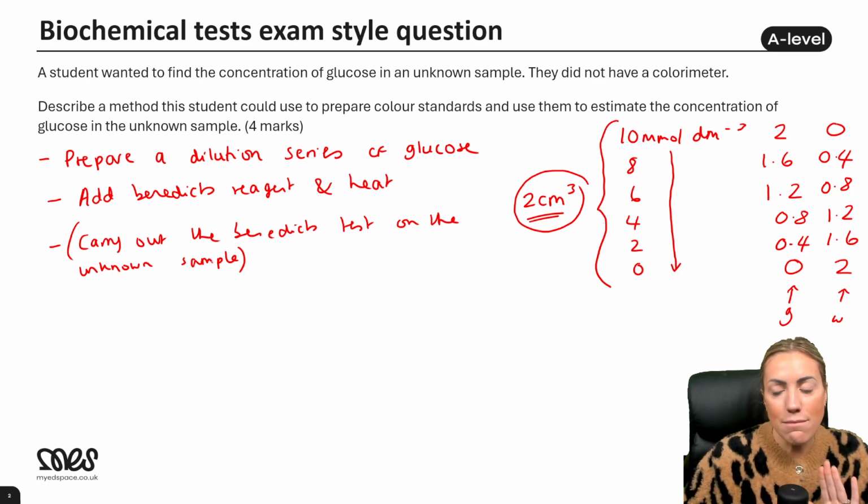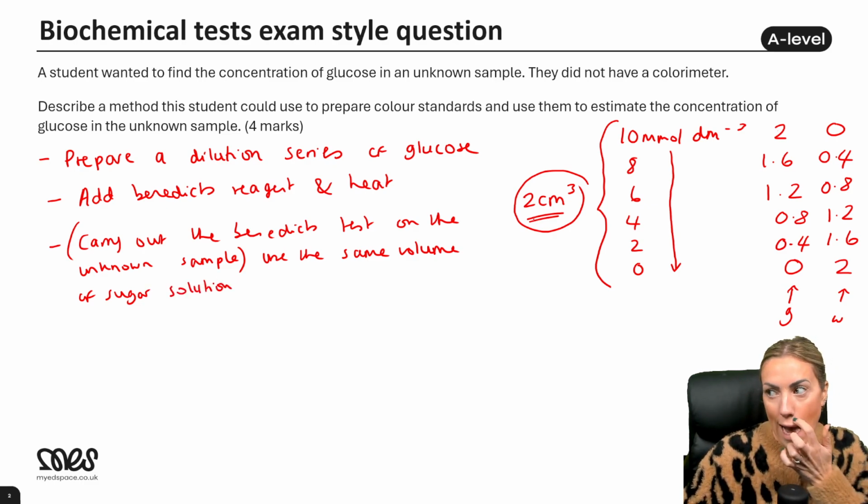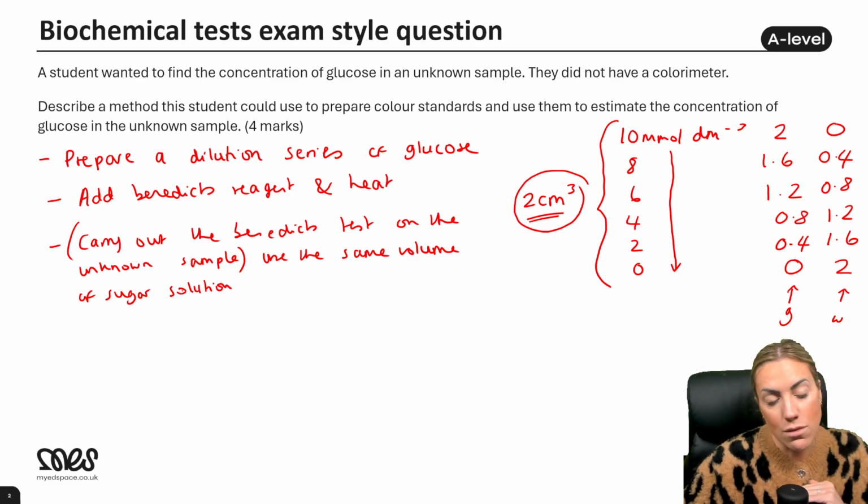So I'm not going to get the mark just for saying carry out the Benedict's test on the unknown solution. But if I say something like use the same volume of sugar solution or glucose solution. So if all of my colour standards had 2 centimetres cubed of glucose solution in there, then my unknown sample, I should also use 2 centimetres cubed of my unknown sample.